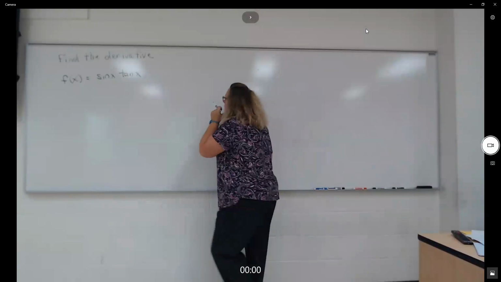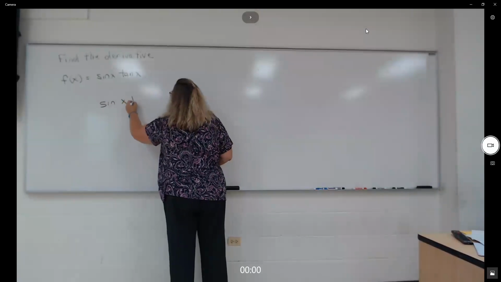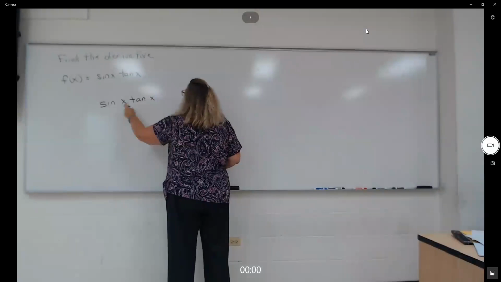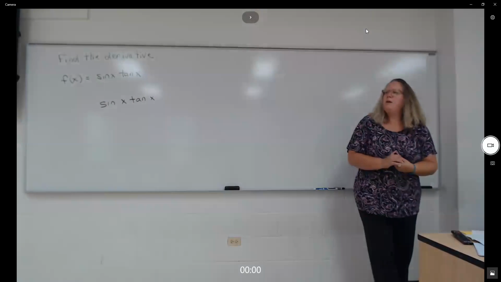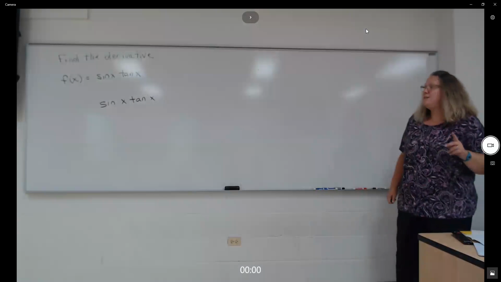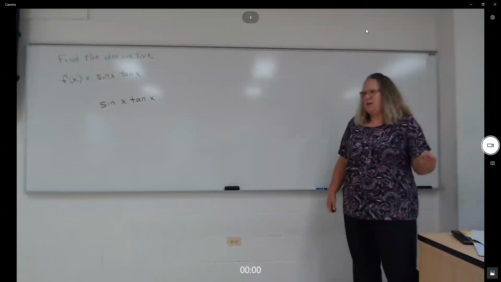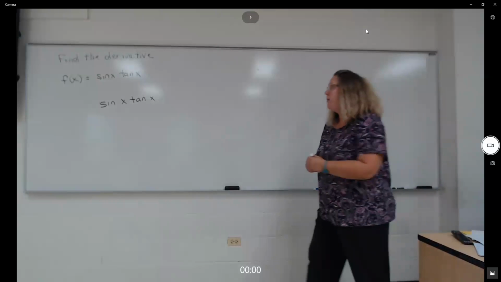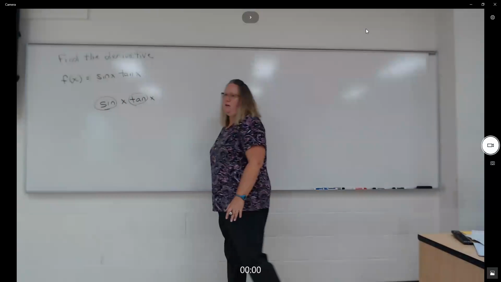If on the homework it looks like the spacing is equal, don't worry about the spacing. This is not sine times x times tangent times x, okay? Sine by itself or any trig function by itself doesn't mean anything.